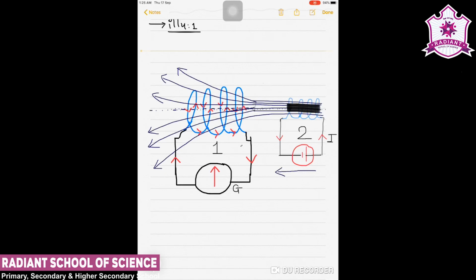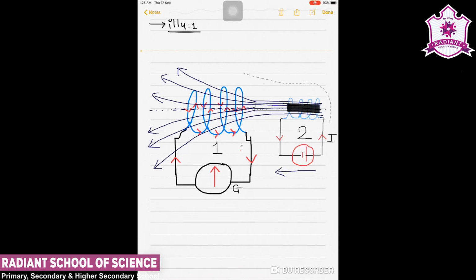Now they have also asked the second question: how would you demonstrate the presence of an induced current in the absence of the galvanometer? That means suppose we are asked not to use the galvanometer.